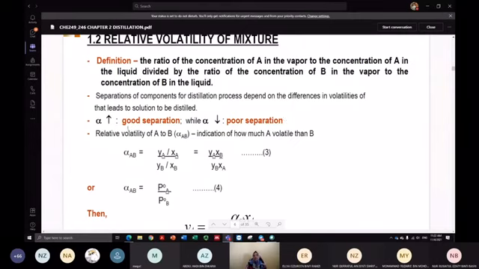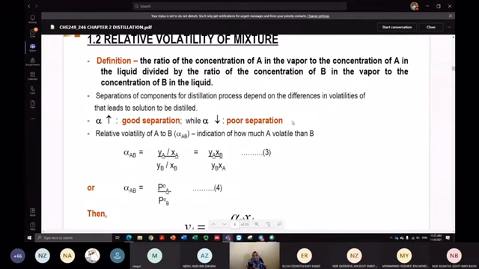So what is considered good separation or poor separation? If you have a value less than 1, you're going to have poor separation, which is not advisable for you to proceed with distillation.